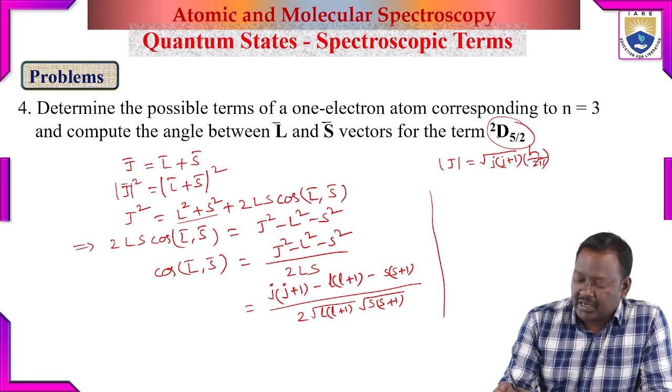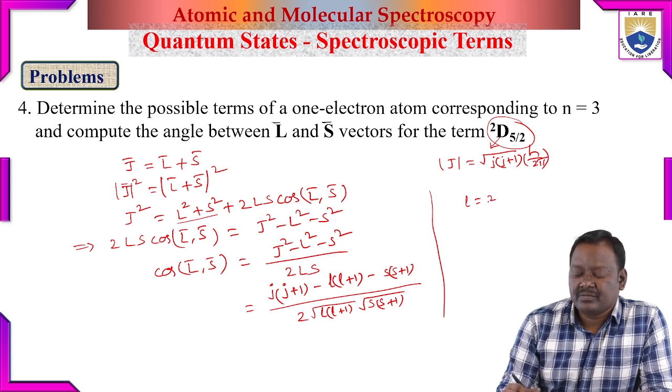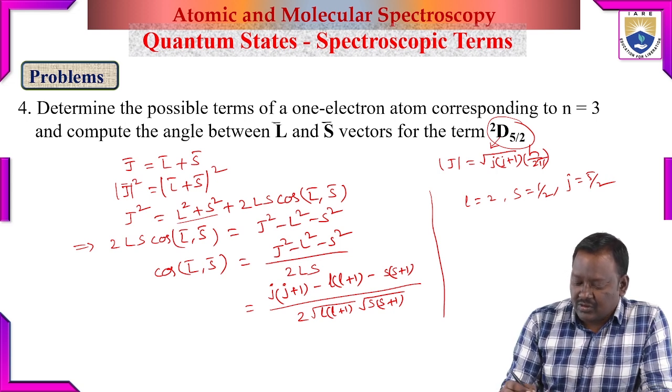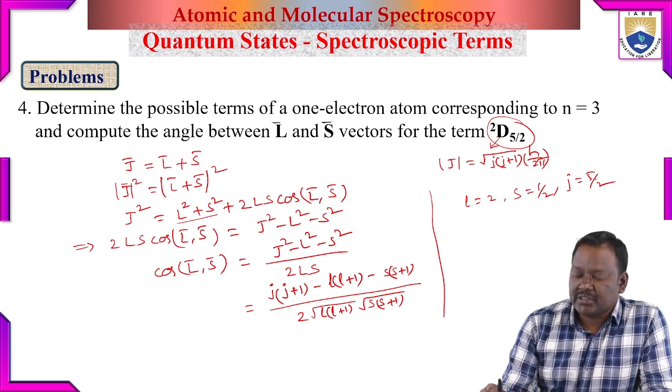In this term, the L value for D is 2, and the multiplicity is 2, which means S is equal to 1 by 2, and the J value is 5 by 2. We can easily calculate all these parameters by substituting these values.